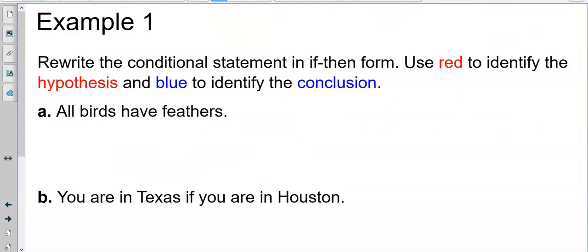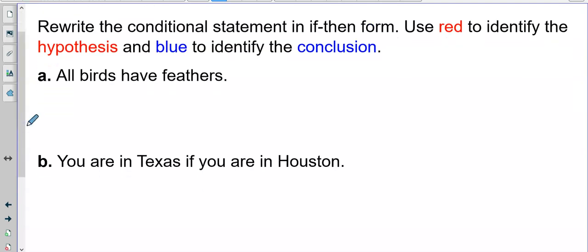All right, rewrite the conditional statements in if-then form. Use red to identify hypothesis and blue to identify conclusion. Well, you don't have to use two different colors. We can just label it. So this is not written in if-then. All birds have feathers. So something like this, and you can write it any way you want.